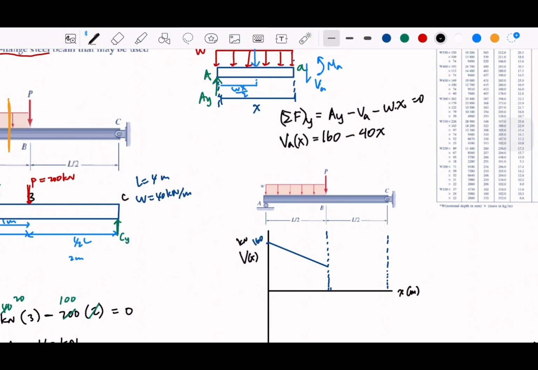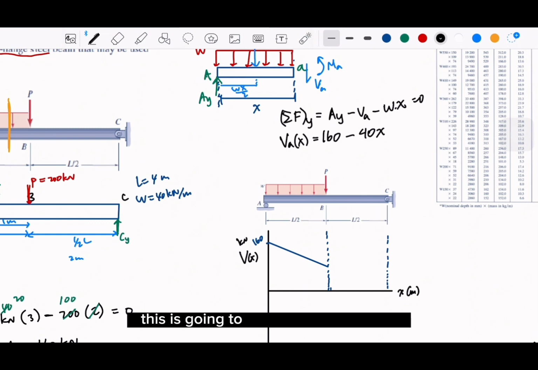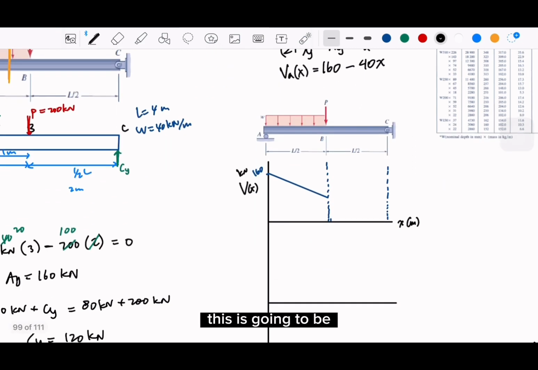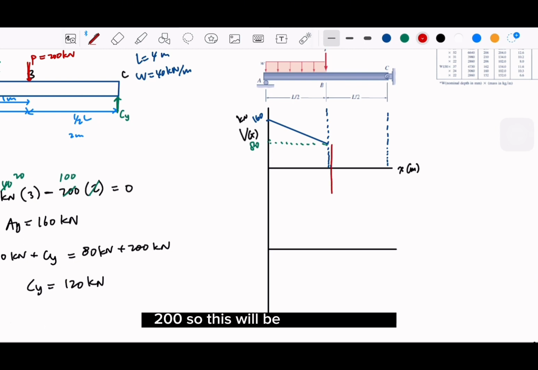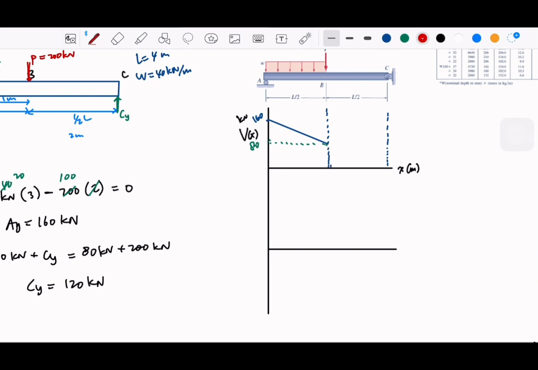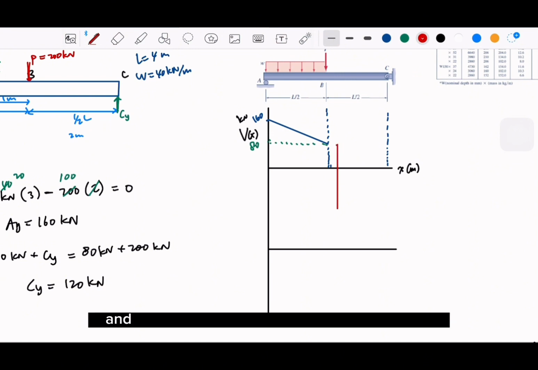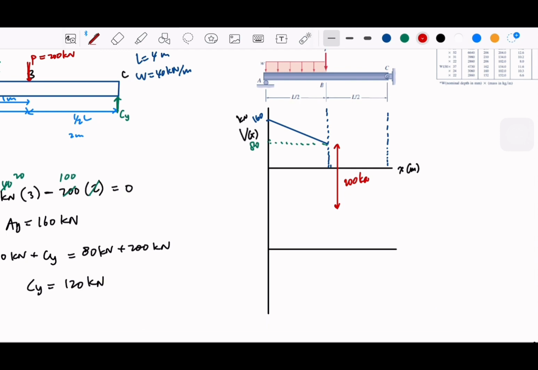So at x equal 2, this is going to be 80. And then 80, we get pushed by P equal to 200. So this is going to be 200 kilonewton from the 80.